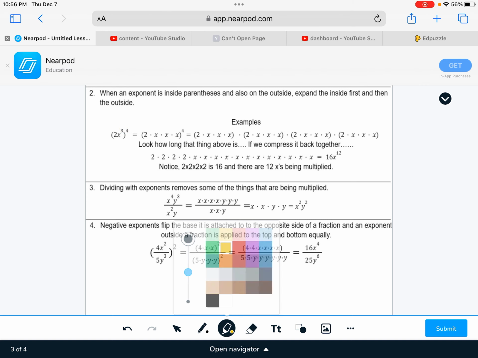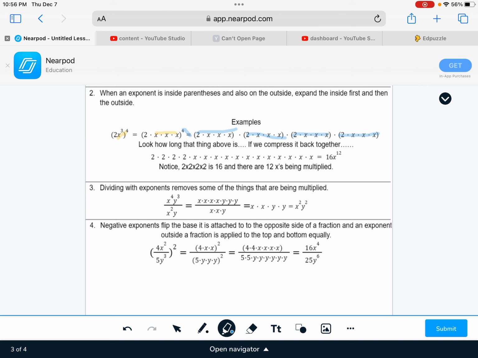Then when you see that being raised to the 4th power, you get 2x to the 3rd copied 4 different times to show the 4th exponent on the outside being applied.